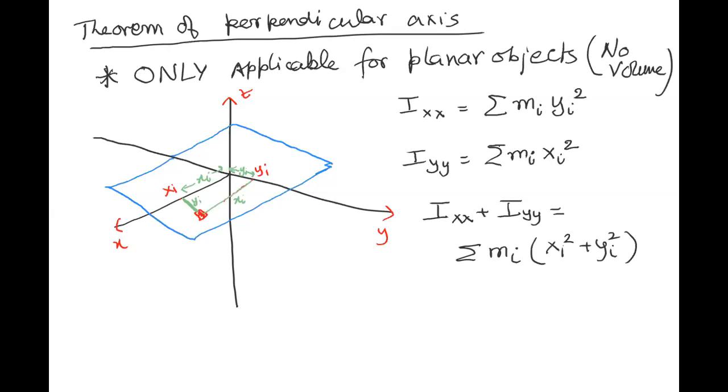But what is xi square plus yi square? What is xi square plus yi square? Xi square plus yi square is this distance. Xi square plus yi square is this distance. This is x square plus y square.